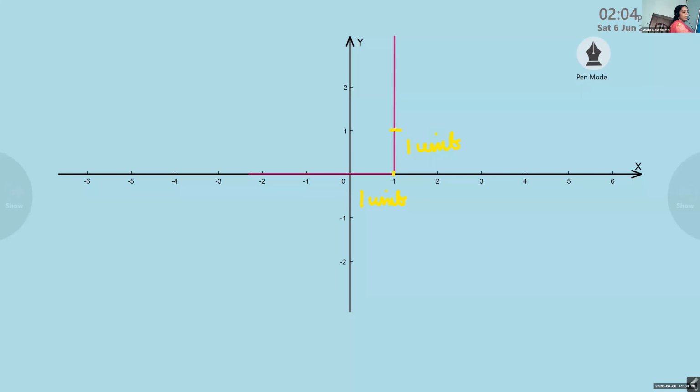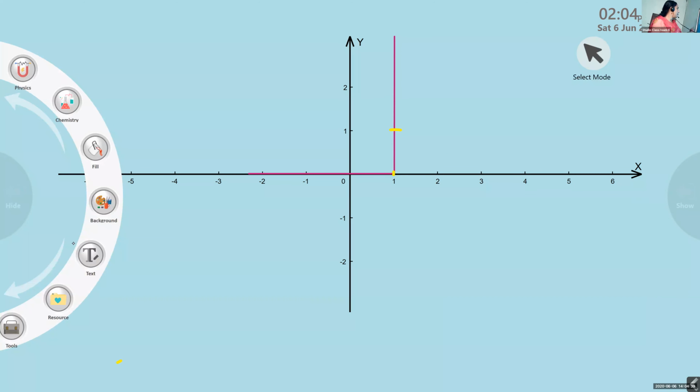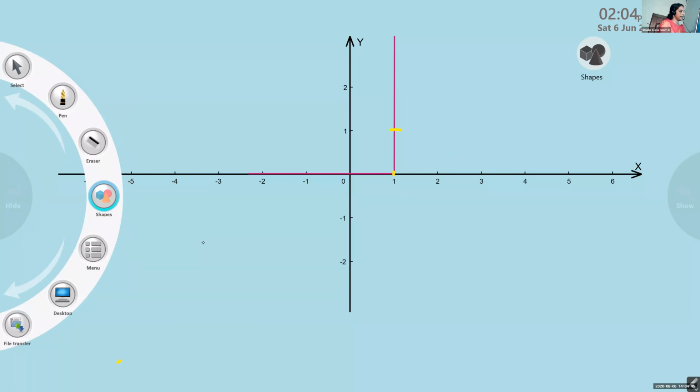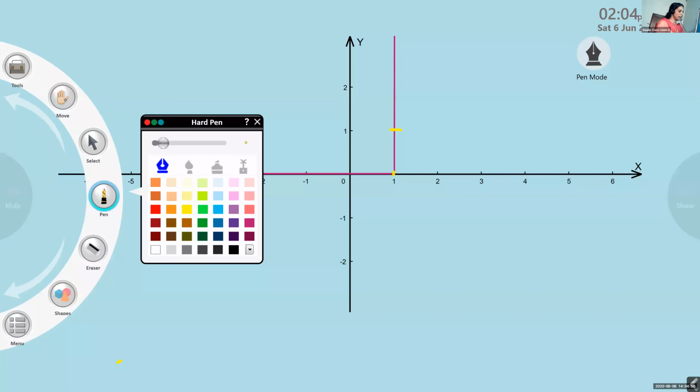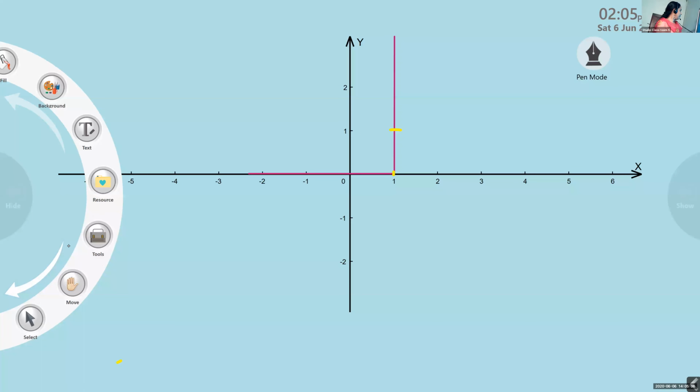Okay. So let me rub this, and for drawing the right angle triangle, I have to take the shapes. There is one right angle triangle shape, and for clarity I will take some other color. Which color do you want? Violet. Okay.